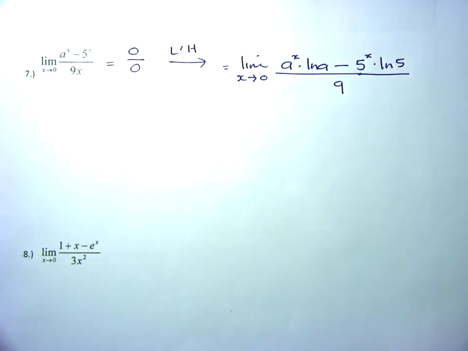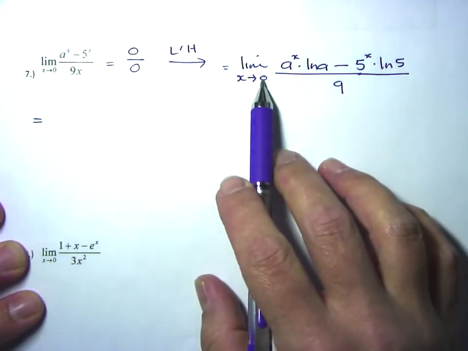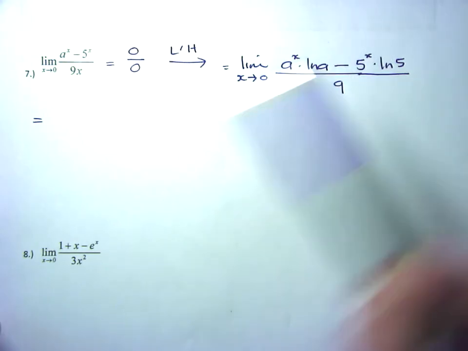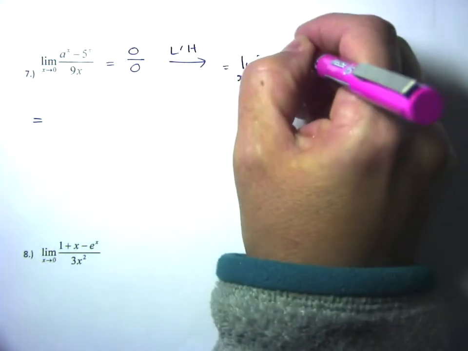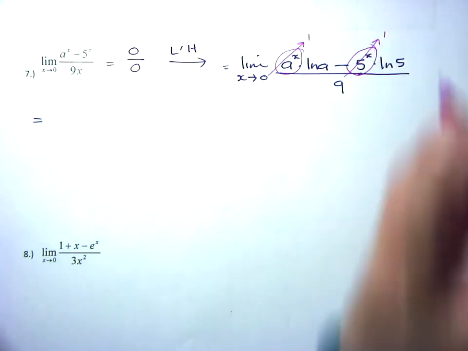9. And now we can go ahead and plug the limit in again. If I plug 0 in for x, a to the power 0 is just equal to 1. 5 to the power 0 is 1.